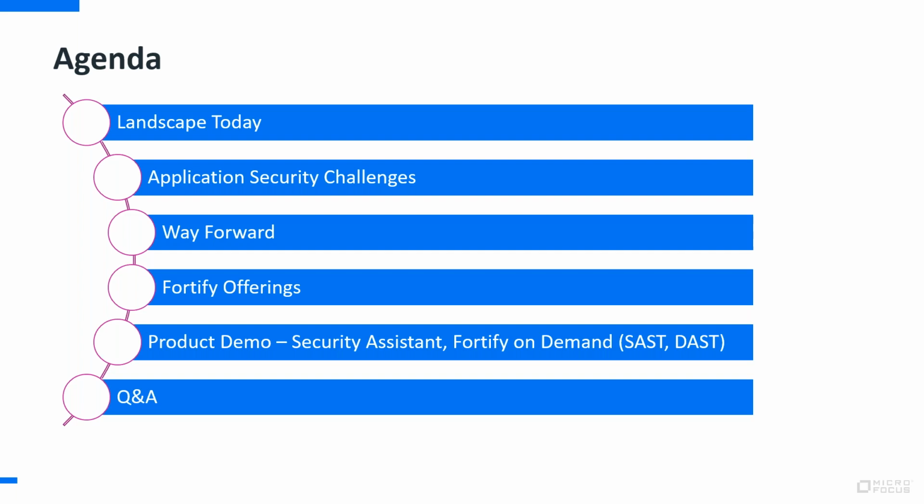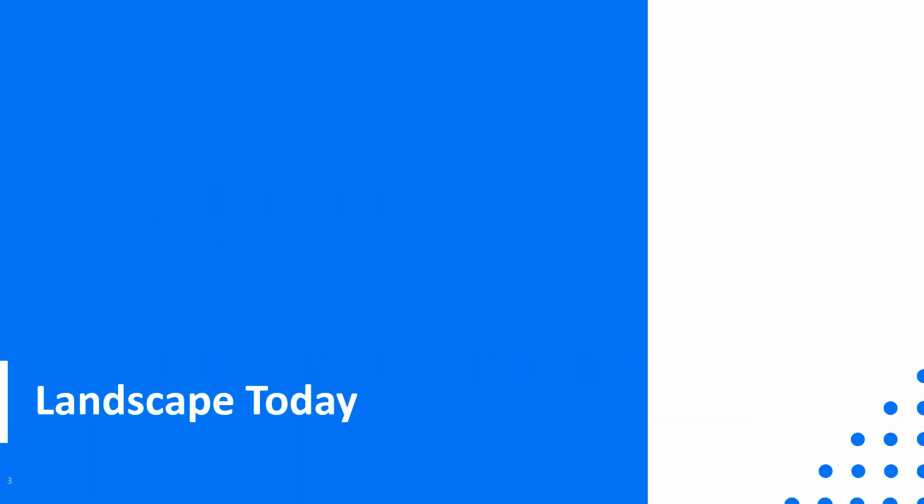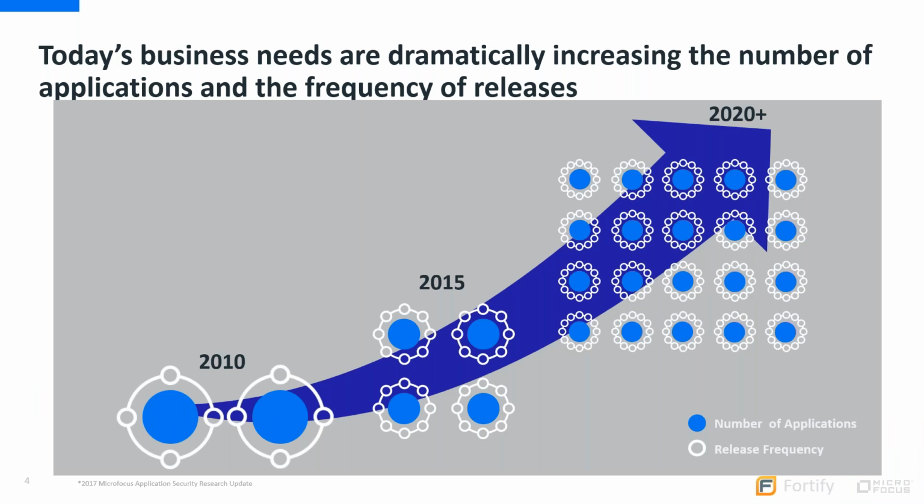Okay? All right, so the landscape today. As I'm sure you're aware, the life of an app developer today is quite different than it was 5 years ago or 10 years ago. It used to be you were in charge of maybe a couple of applications, you had quarterly releases. That is no longer the case. In the last year alone, MicroFocus found that there was a 30-time higher release frequency from 2016 to 2017.